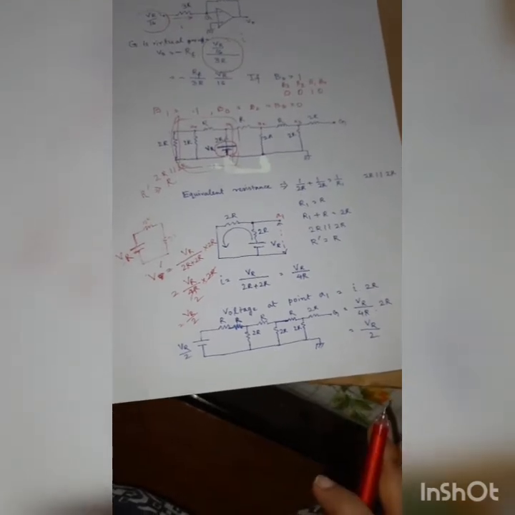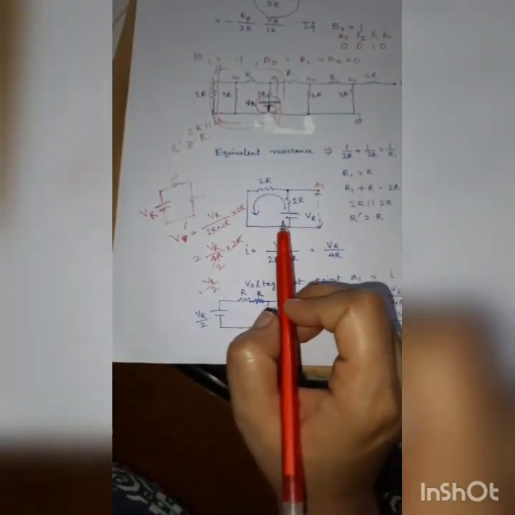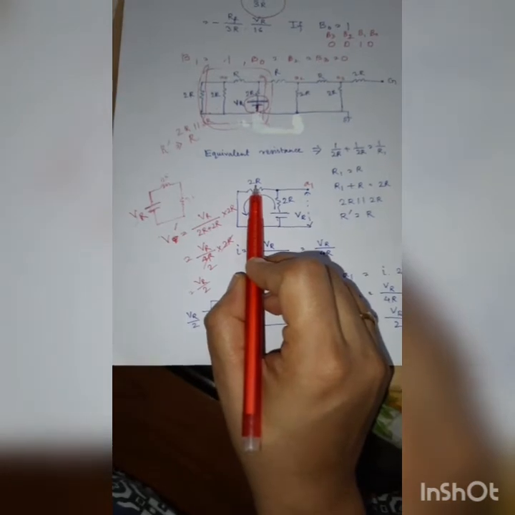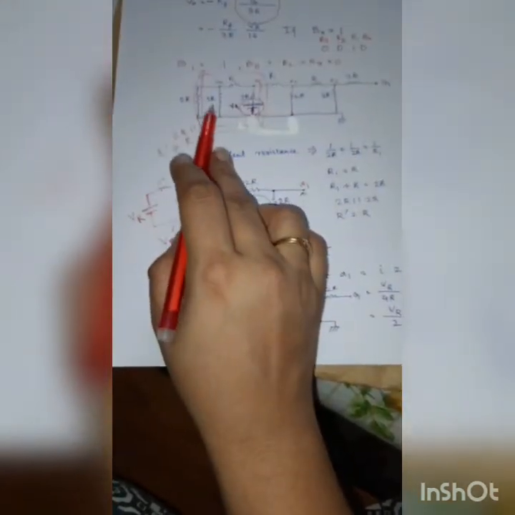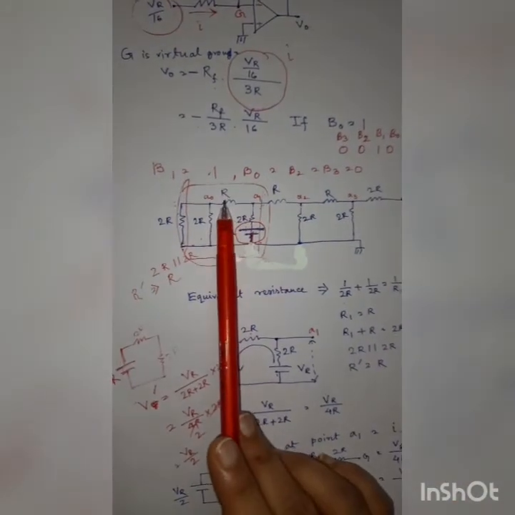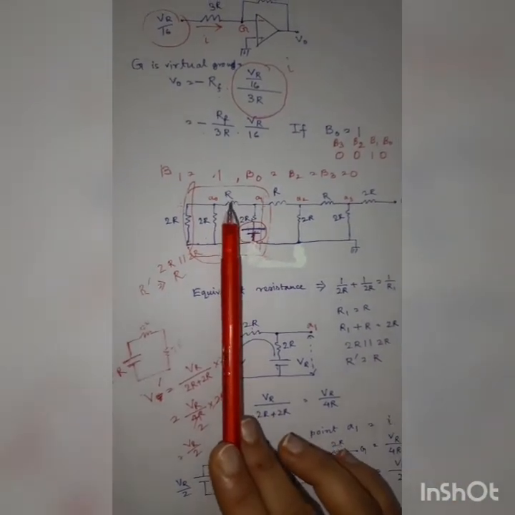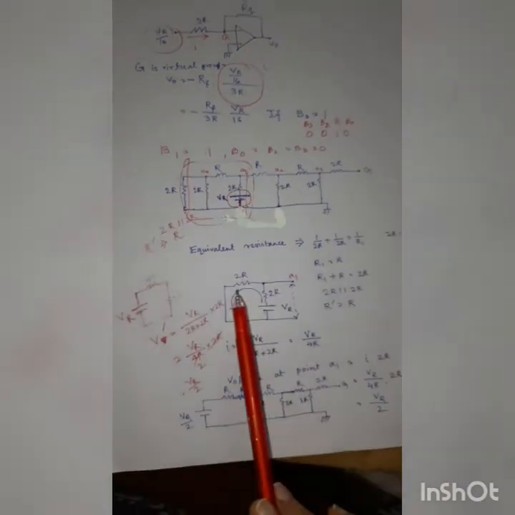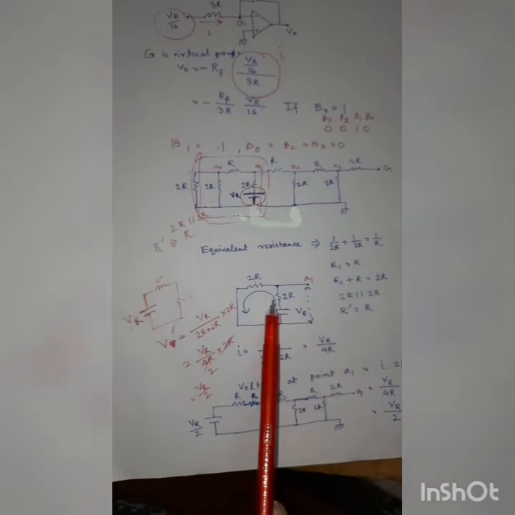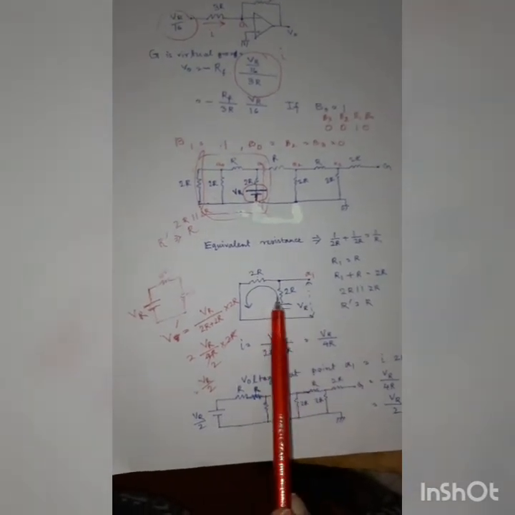So what will happen now for the equivalent voltage? We know that from this point we are getting VR, and up to this is 2R because this 2R is in parallel, and again this is connected with R in series. So the total resistance will be 2R up to this point, and again 2R, and here it is VR.